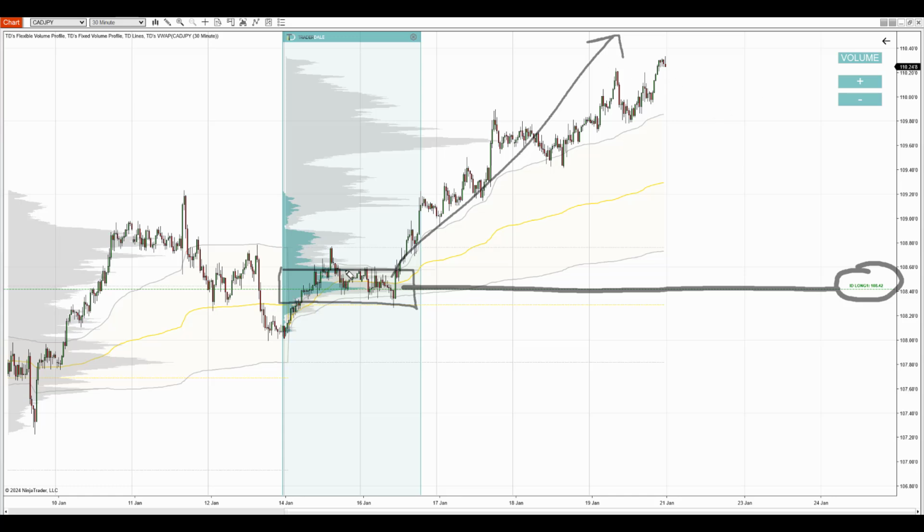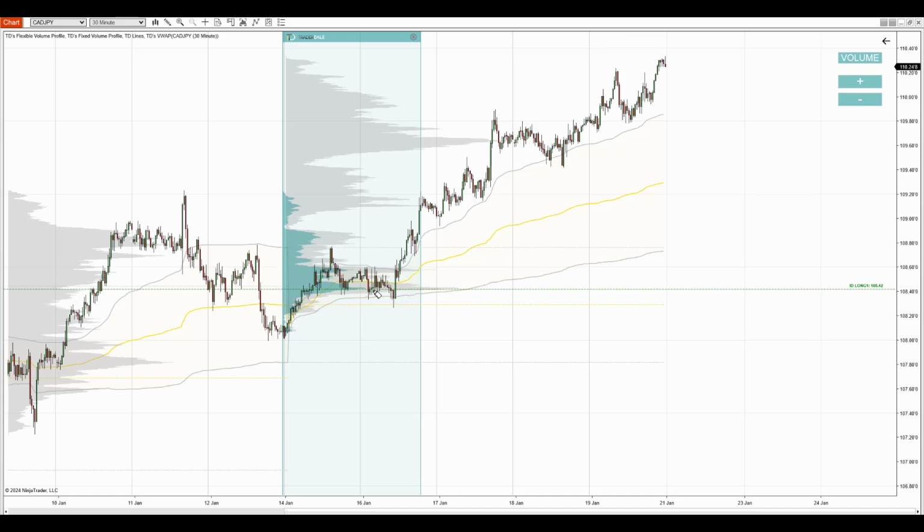Now, this place is important because buyers were building up their long positions in here, and then they pushed the price upwards. So when there's a pullback to this level, chances are there'll be a reaction, as the buyers from this zone will want to defend this place and push the price upwards from there again.